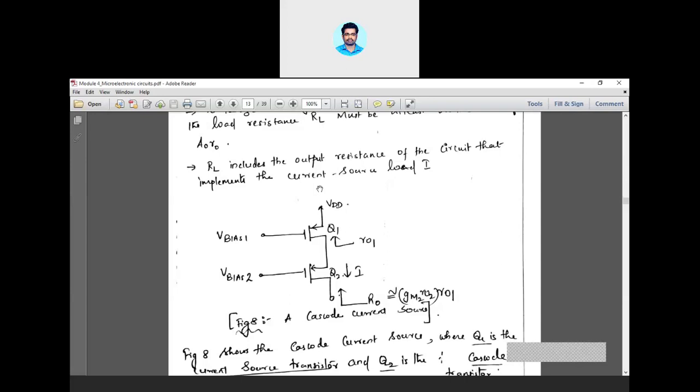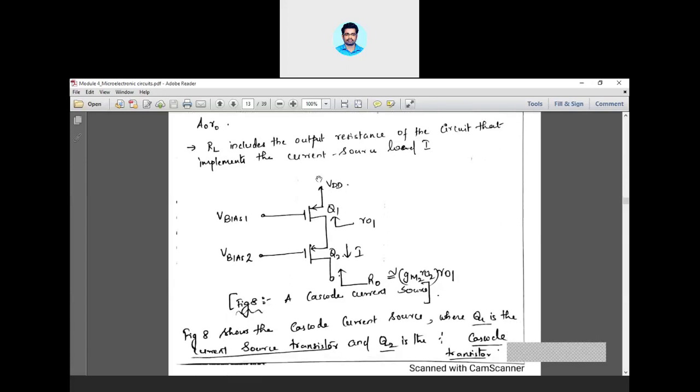So here we are looking at how to design a current source by using a cascode configuration. This is basically the circuit diagram of a cascode current source. As the name indicates, here also we will be using two different configurations, that is common source and common gate. See, this is your common source.